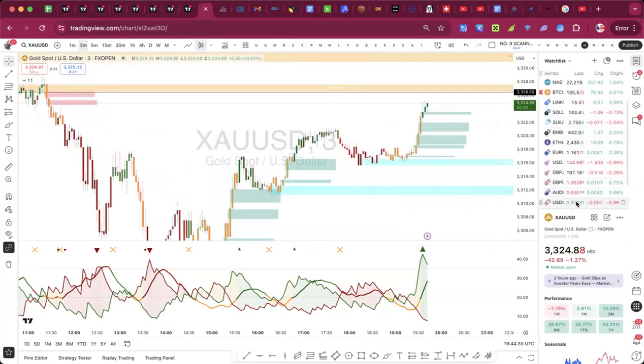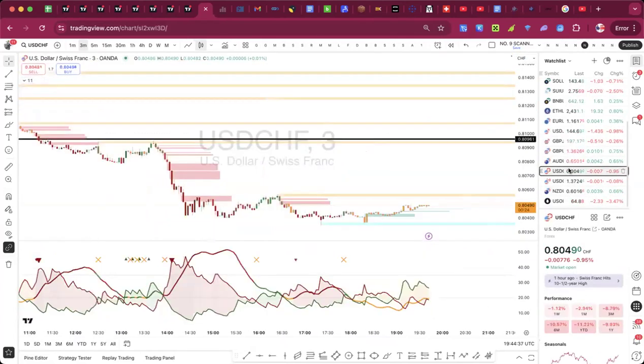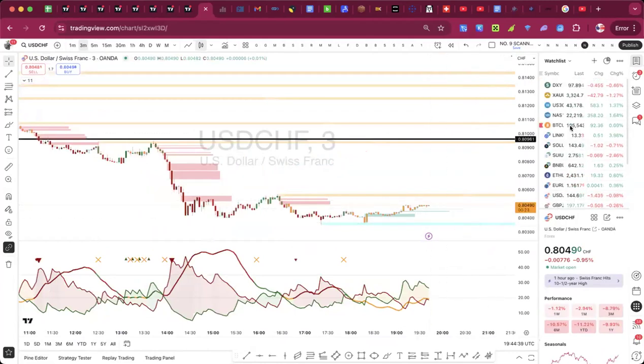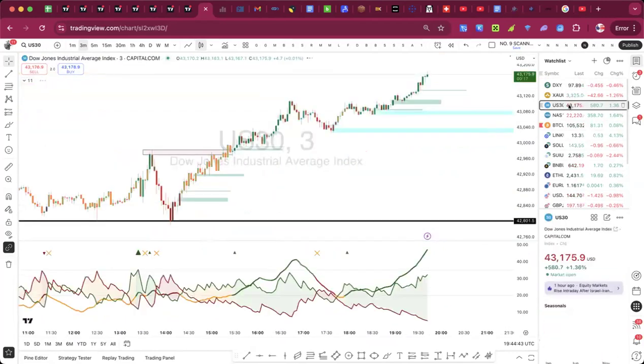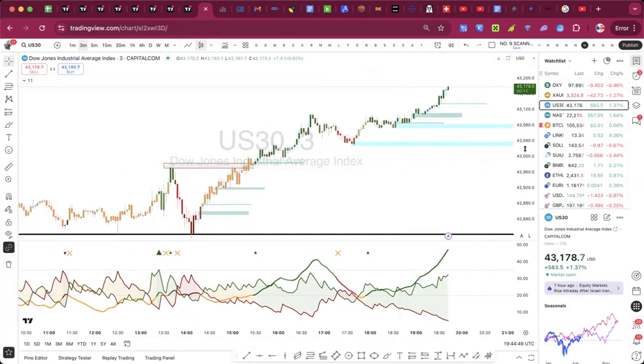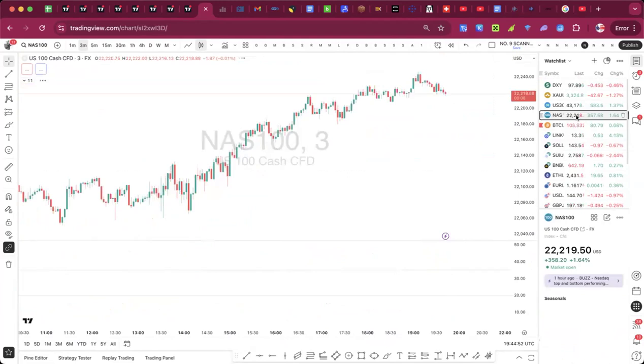So USD Chef has not gotten the momentum required to move like gold did. But on US 30, you can see the more opened, the stronger.